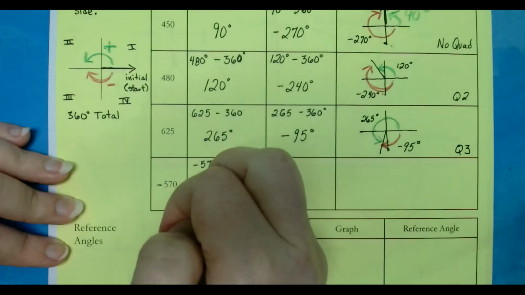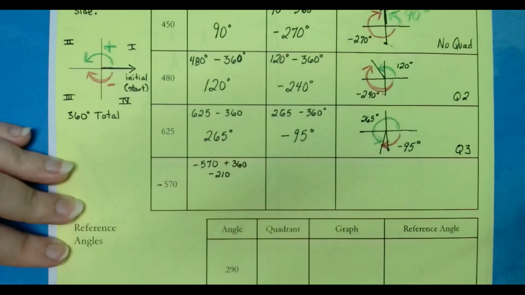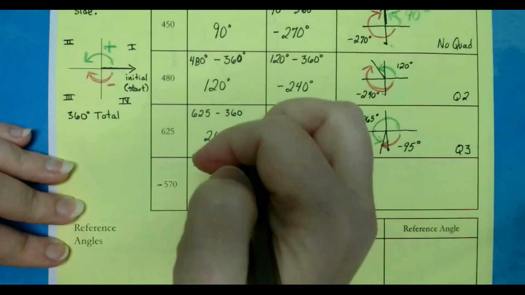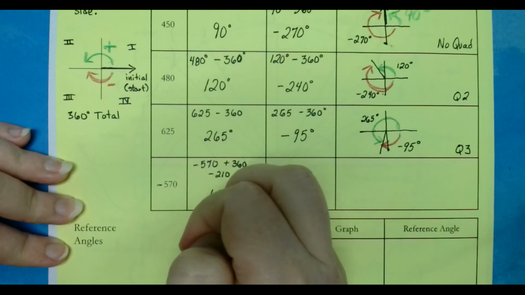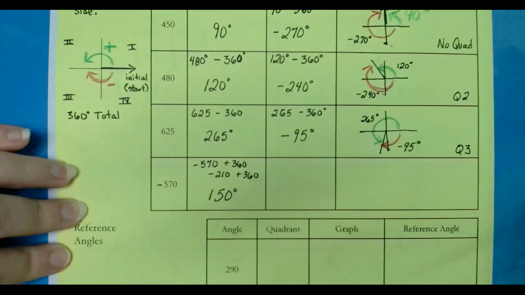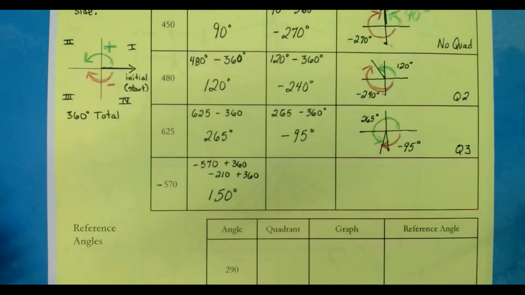But I need a positive number between 0 and 360. So I'm going to add 360 again to get my positive coterminal angle, which is 150 degrees. Remember, the positive coterminal angle has to be a positive number.